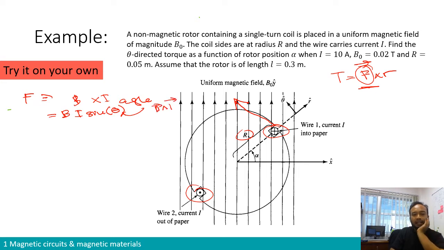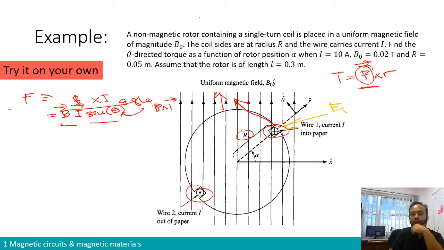So we need to find vector B and vector I. Where is vector B? Vector B is the magnetic field in this direction, and then vector I. There are two forces. I'm going to change colors. Let's take yellow for this part, and I'm going to call this force 1.